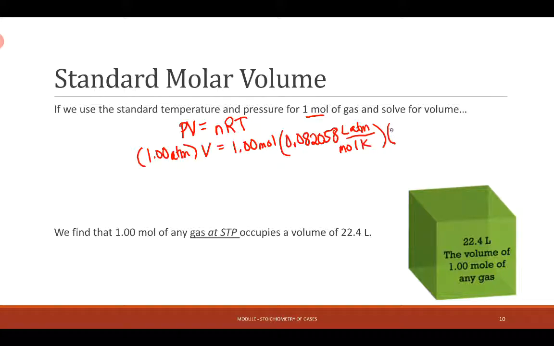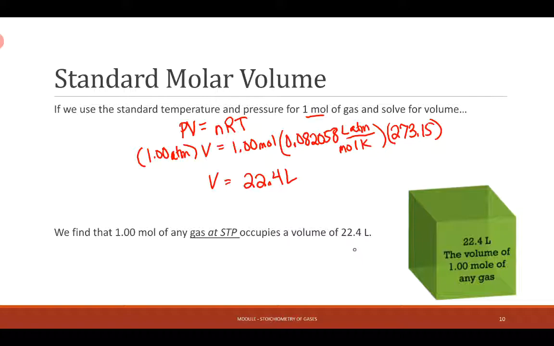And then the standard temperature was 273.15. So if we calculate V here and type this all into the calculator, we get 22.4 liters. So that means that 1 mole of any gas at STP occupies a volume of 22.4 liters.